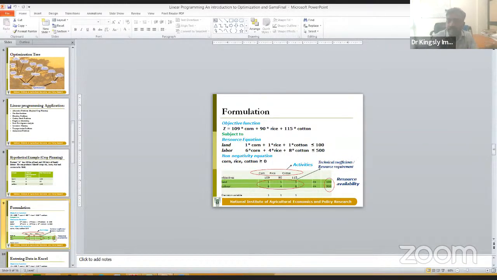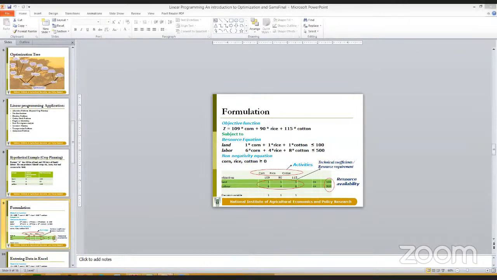I have only written the general equation: 109 is the net revenue of corn times area under the corn, plus 90 is the net revenue of rice times area under the rice, plus 115 is the net revenue of cotton times area under the cotton. I have not put a specific value for the area, because that value is generated by the model.